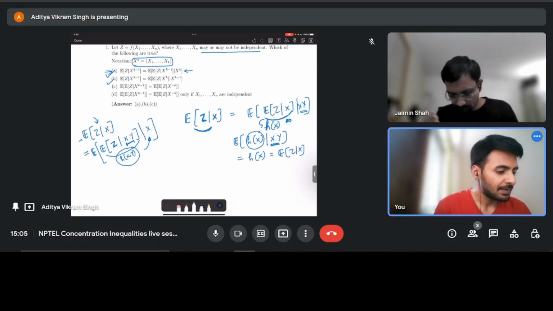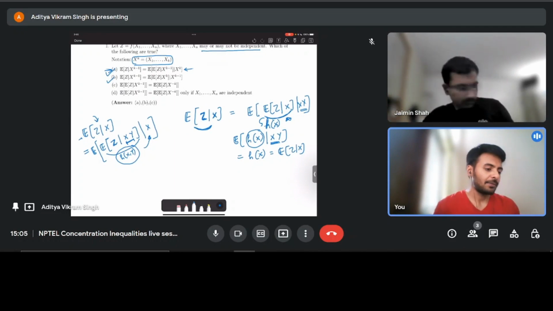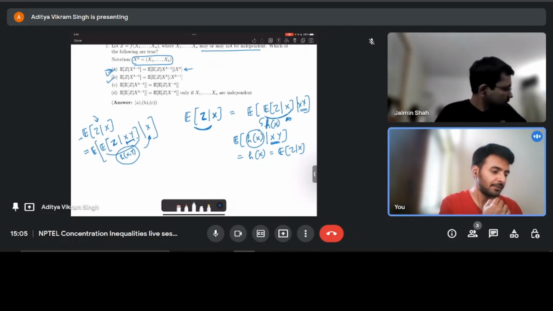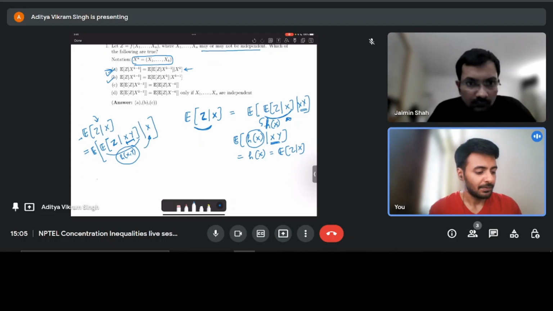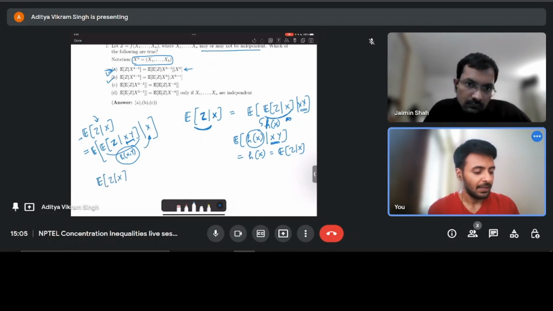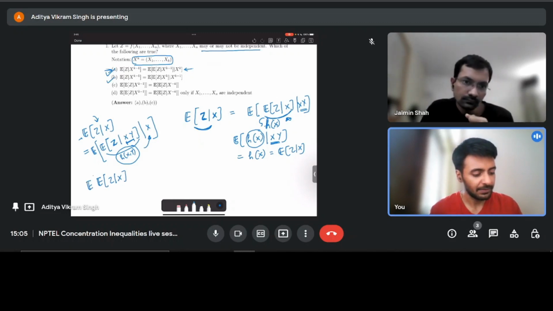Then option C would be a special case of this tower property. If you have expectation of z given x and you want to descend further, you just take expectation. So this would just be expectation of z.